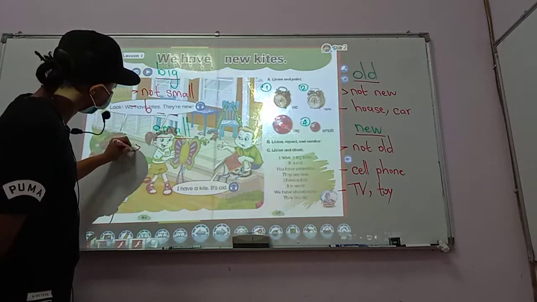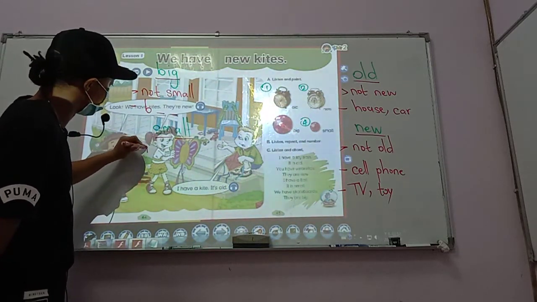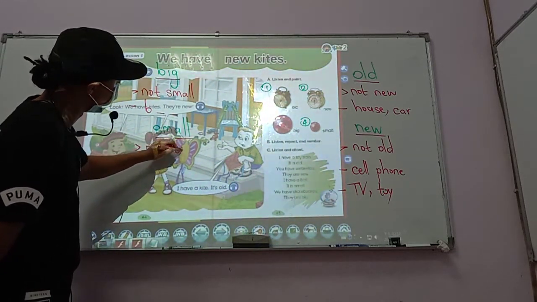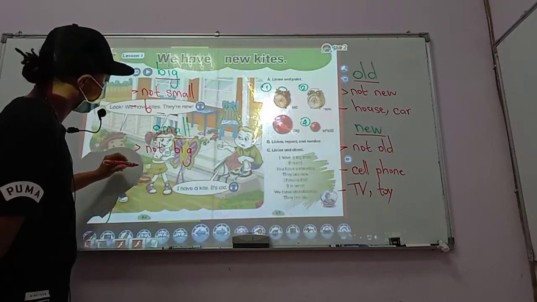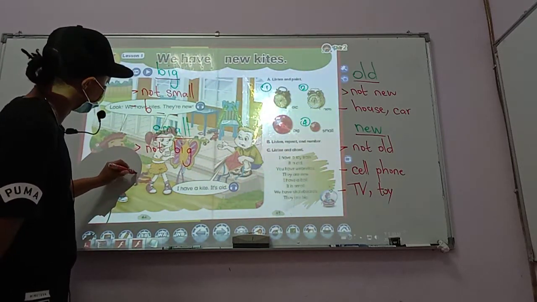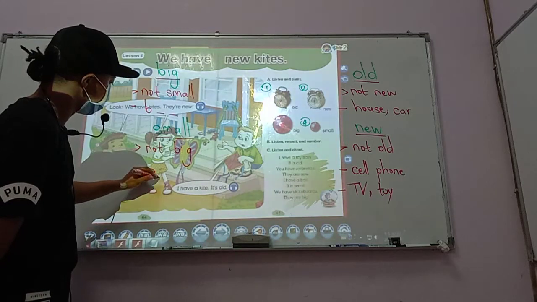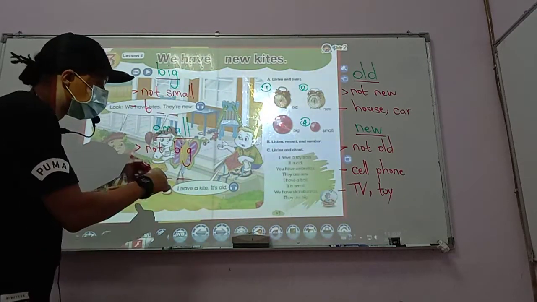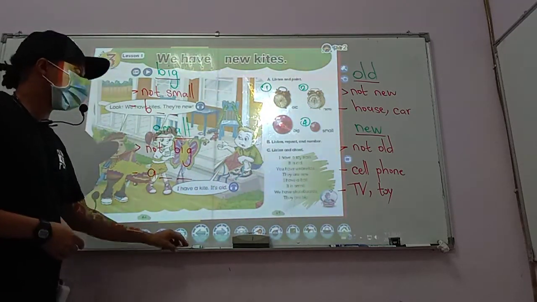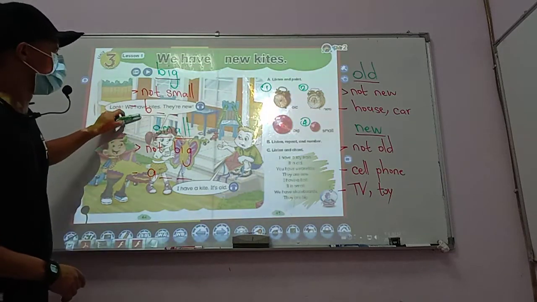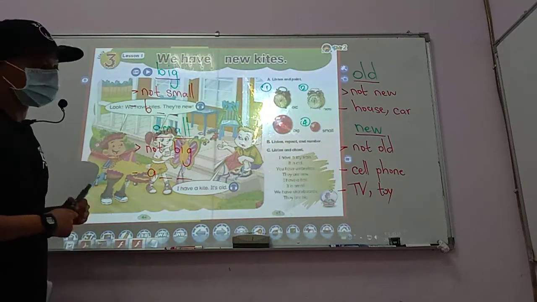And small means something that is not big. And the word that I'm thinking about over here starts with an A and has 2 letters. Okay? So let's see if you guys can guess these ones over here.